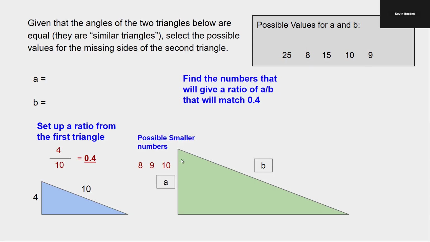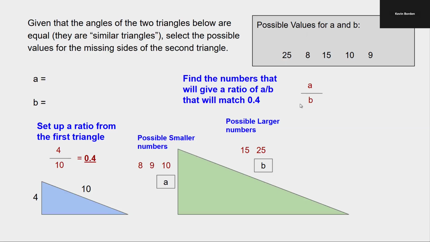So there are our possible values for A. Now we take the bigger numbers, 15 and 25, and let's put those next to B because those are the only possible values for B. Now our last challenge is to find two numbers, one from this A list, one from this B list, that are going to give us the proper ratio that gives us a decimal value of 0.4.